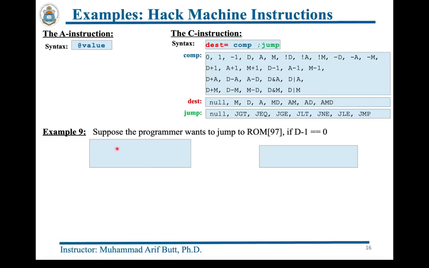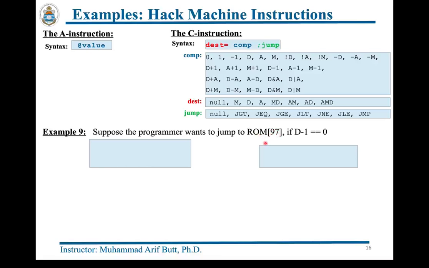And let's see the example of a conditional jump now. And the condition is if D minus 1 equals 0, the control of execution should move to the instruction located at address 97 inside the ROM.